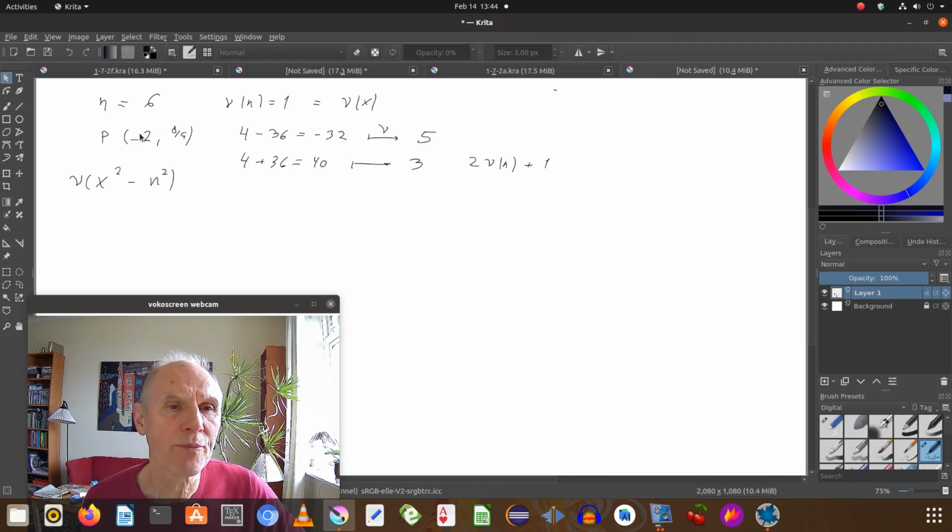Then I looked at this, which I wanted to be greater than 3, which we already know it will give. So I computed the sum, which equals 4. That's 2n plus 1 that we already have. But 4 minus 36 gave minus 32, which has valuation of 5. So are we just lucky here, or is there some method to it? And then I realized, oh my God.